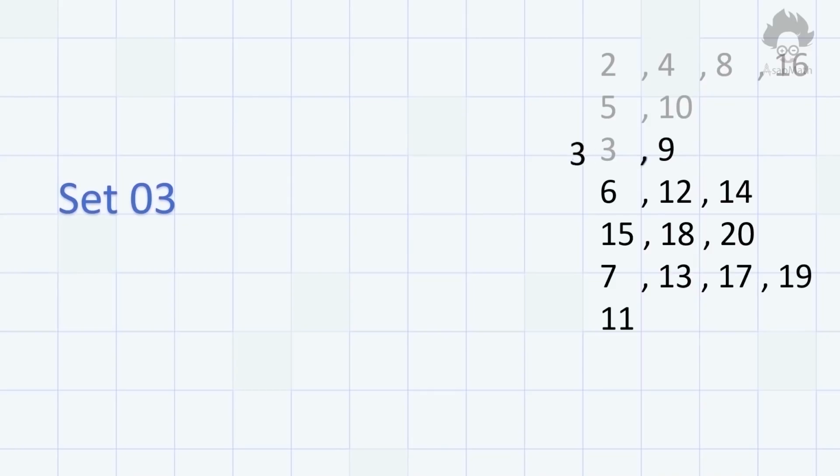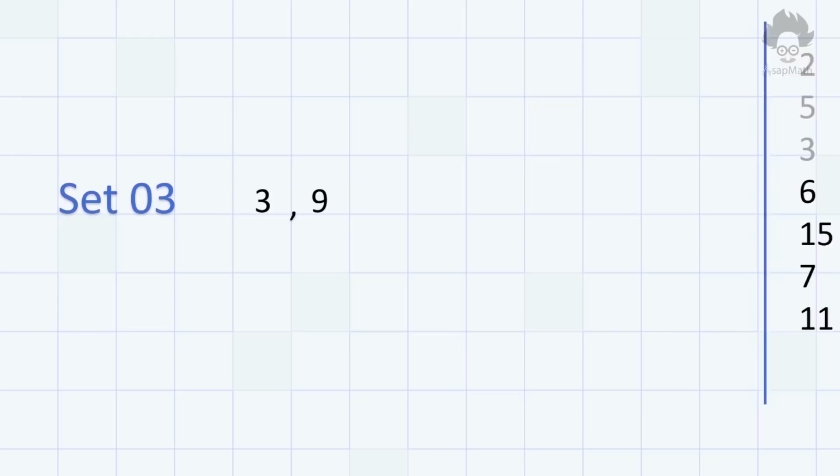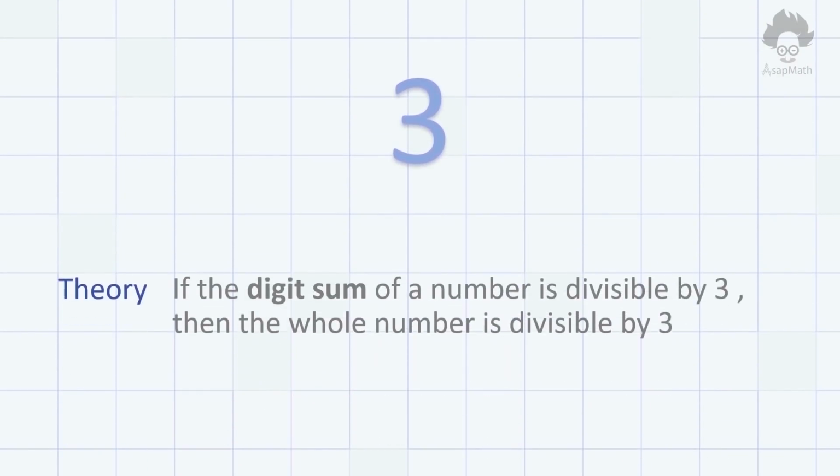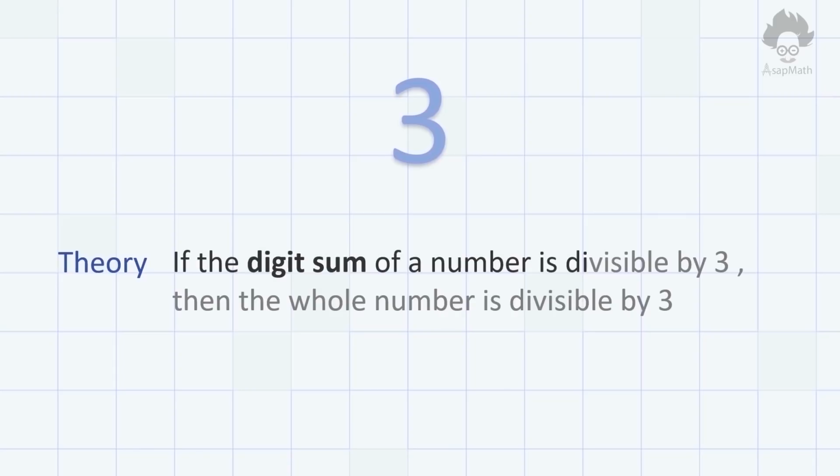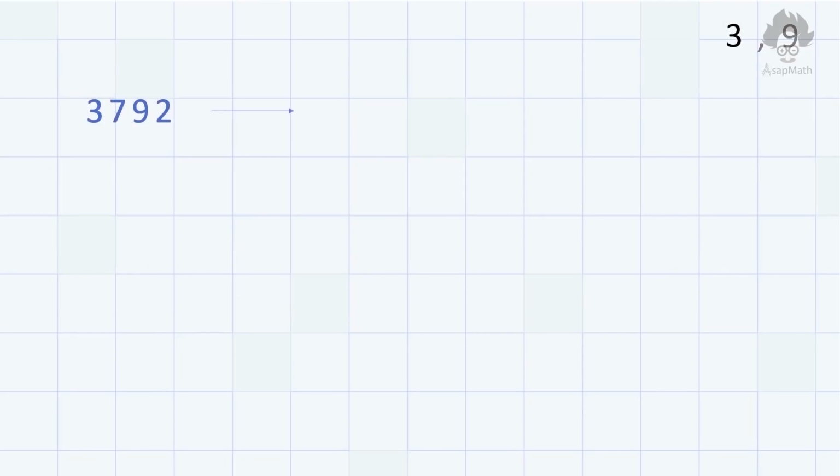The third set consists of 3 and 9. If the digit sum of a number is divisible by 3, then the whole number is divisible by 3. The addition of every digit is taken.